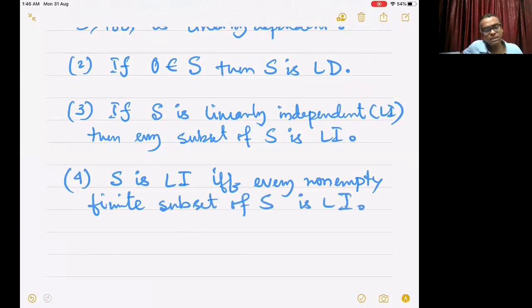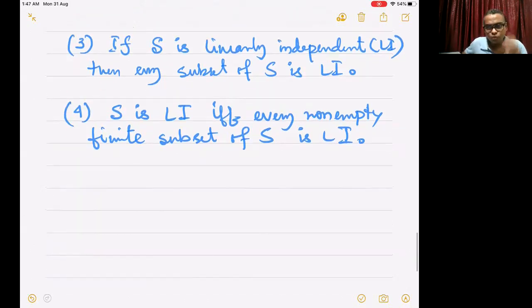Think about this. Once again, this also follows immediately from the definition. So that's how we have this linear dependence idea. I'll give you some immediate problems where you will be asked to check for linear independence and dependence, but those will come very soon once we finish this module.